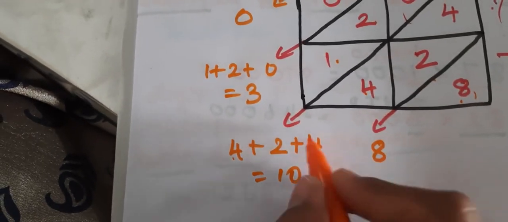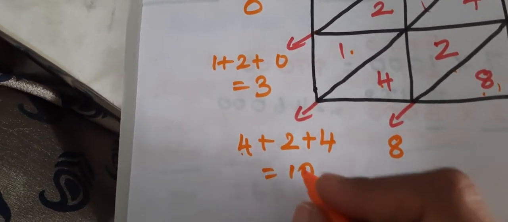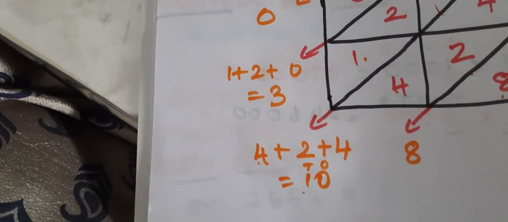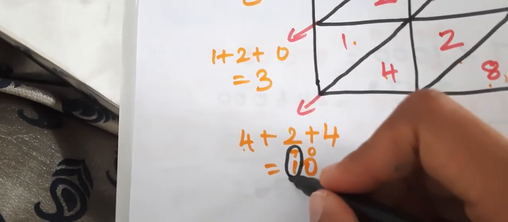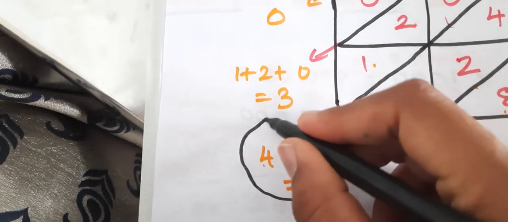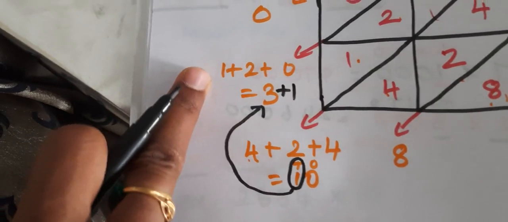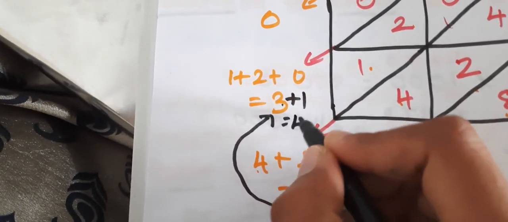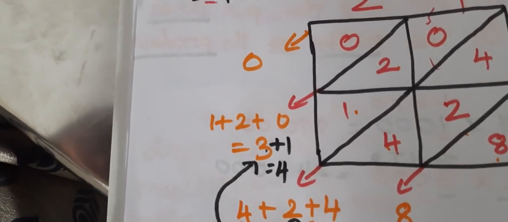In case there is a 2-digit number in between, what we have to do is take the number in the tens place, circle it, and add it to the number above. This one I am going to add to that 3. So 3 plus 1 is what? It's 4.